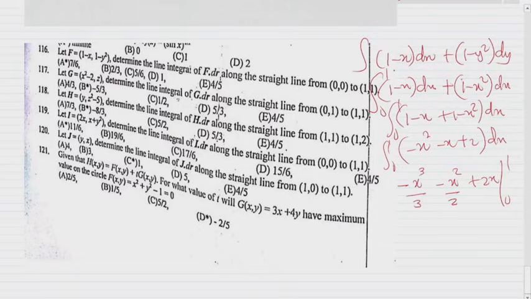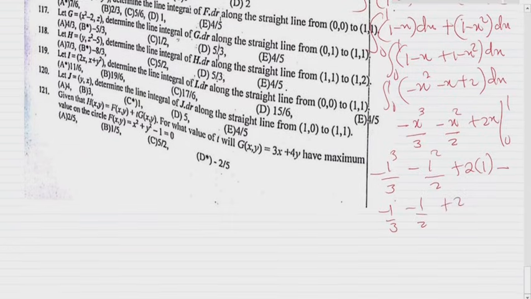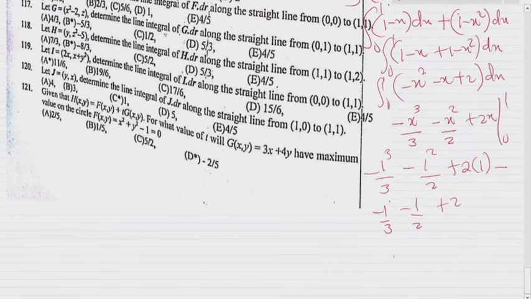It's only 1 that matters. So you have minus 1 cubed over 3 minus 1 squared over 2 plus 2 times 1. Everything will be 0 for the lower limit. So you have minus 1 over 3 minus 1 over 2 plus 2, right? So what would that give?